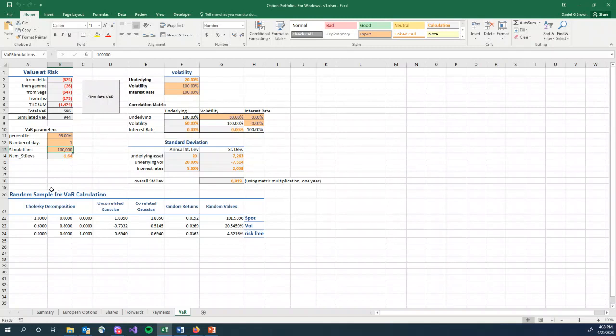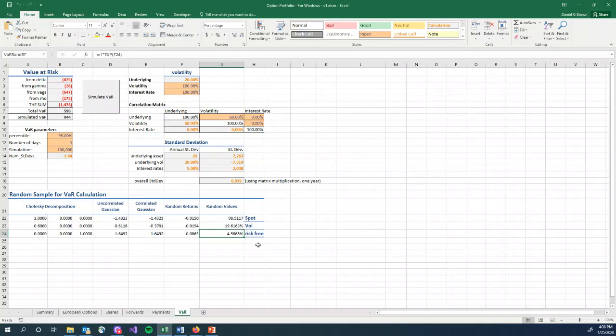The bottom part of the spreadsheet allows us to see how this sampling works. Every time we recalculate the spreadsheet, we see a new sample: spot, volatility of the spot, risk-free interest rate. So if I recalculate the spreadsheet, a possible sample of values given these distribution assumptions in 1 day would be the spot 100.37, volatility 20.88, interest rates 4.86.